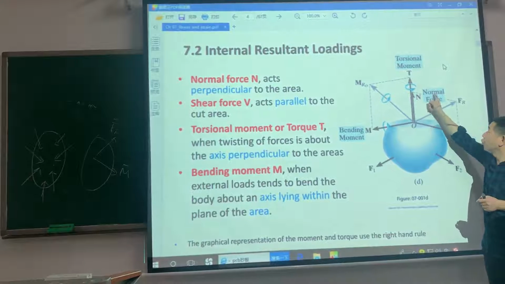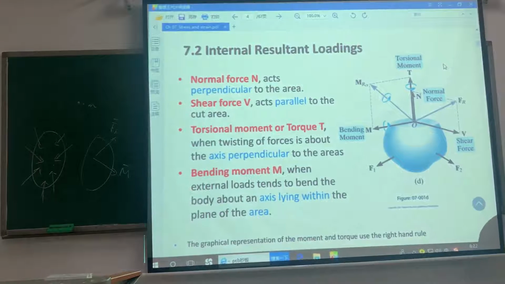We call it normal force. We have to remember the name normal force, because if on the section there is a normal force, it means the body will be elongated along the perpendicular direction.